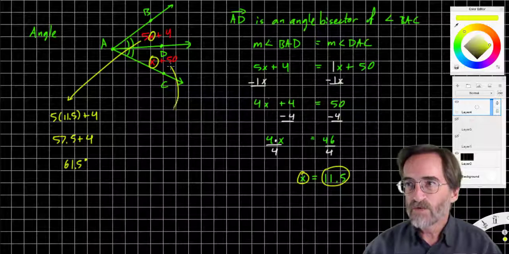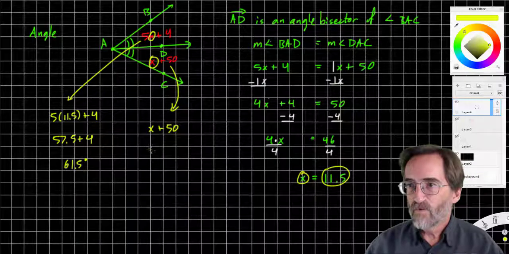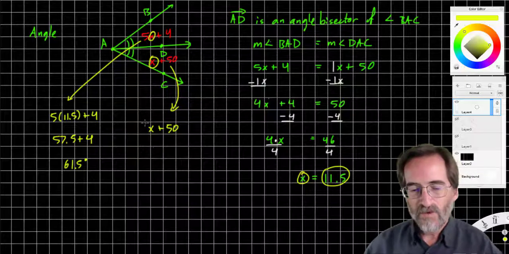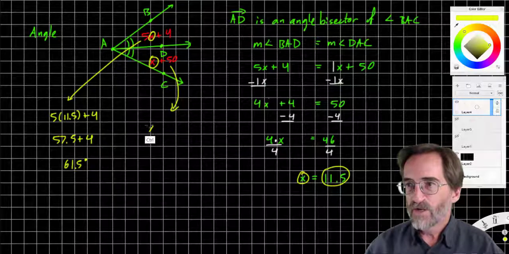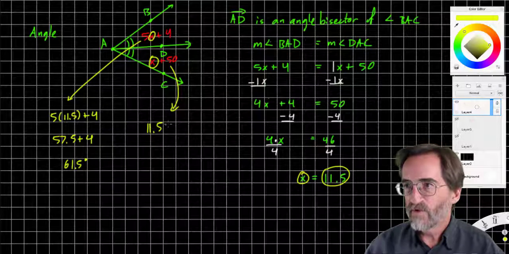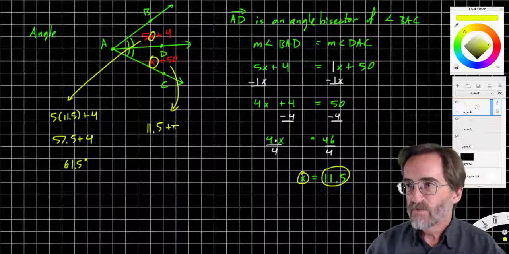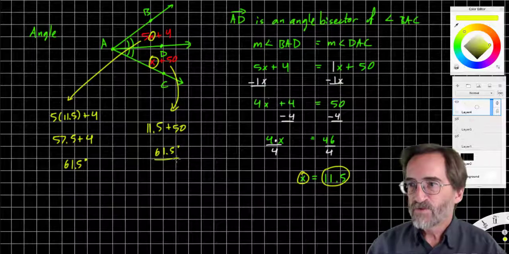Hopefully we'll end up with the same answer here. X plus 50 is 11.5 plus 50, which is 61.5. And they turned out the same as they should have.